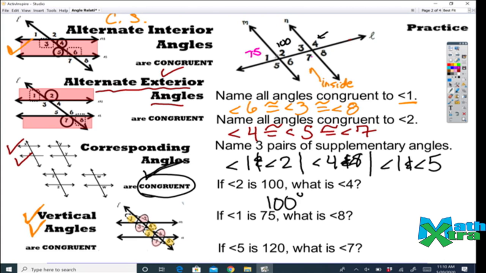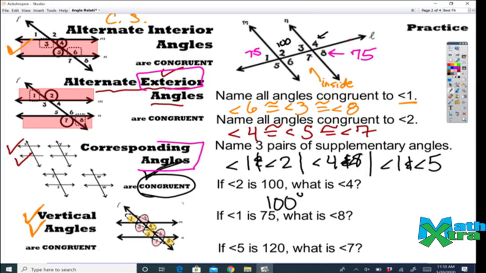All right, so 75 is on the outside. What angles deal with outside? Exterior, and technically corresponding can deal with outside. So those are our two choices, but 8 is right here. Well, 8 is switching across the transversal. Therefore, it has to be alternate interior. And what do we know about alternate interior angles? They are congruent.